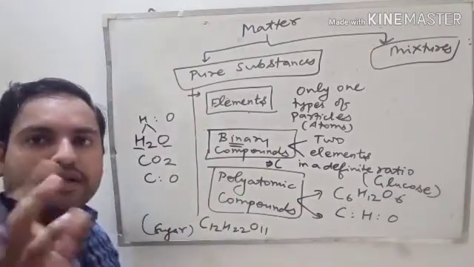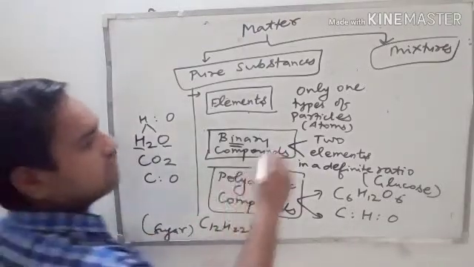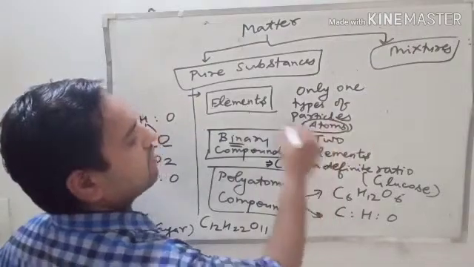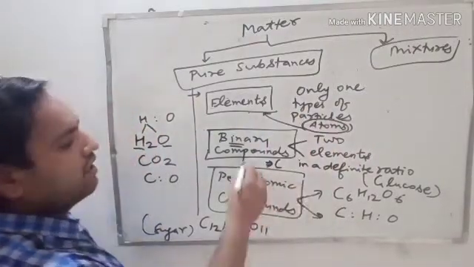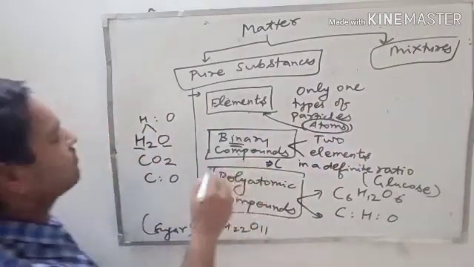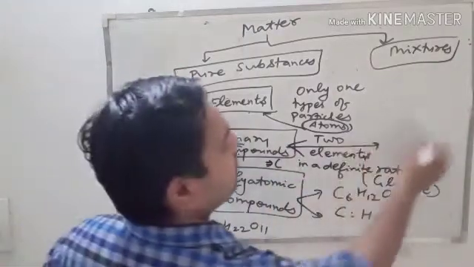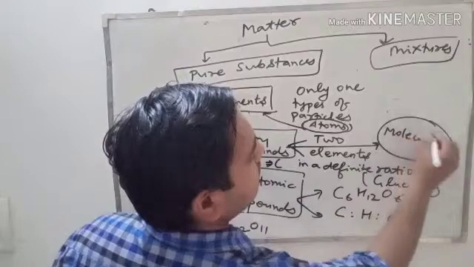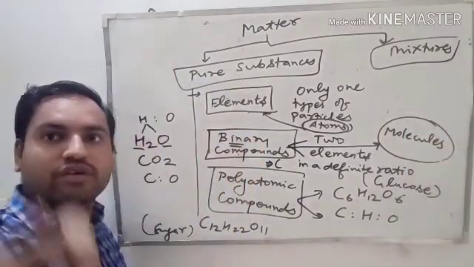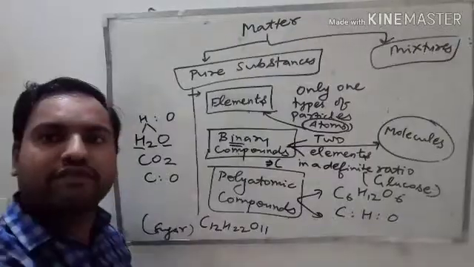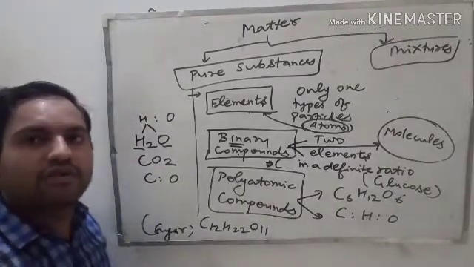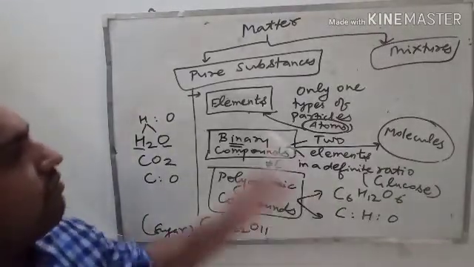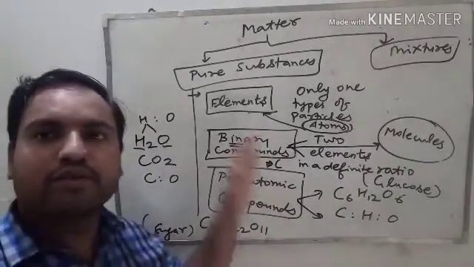There are different elements and different compounds, and polyatomic compounds contain different types of molecules. But basically, the common unit is atoms in the case of elements, and what is that in compounds? It is called molecules. Molecules are formed by the combination of atoms of different elements. So basically, this is about pure substances.